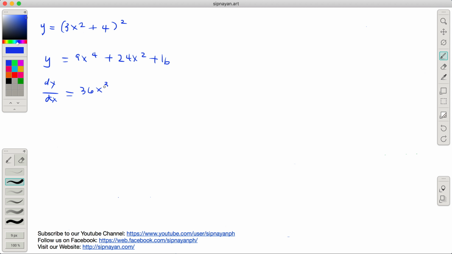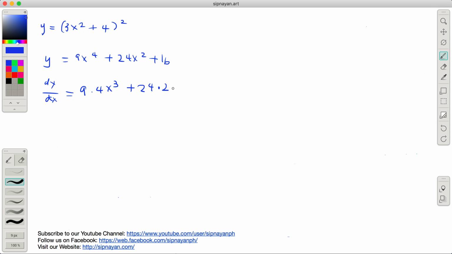And this time, we get the derivative, dy dx, is equal to 36x cubed. Naalala niyo pa yun? Paano kayo yung 36x cubed? So, from 9, binaba natin yung 4. And then we have x cubed. Yung 4 dito, binawasan natin ng isa. And then plus, yung 2, ibababa rin natin. Kaya siya magiging 24 times 2.